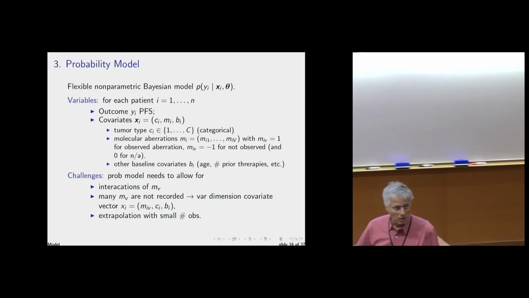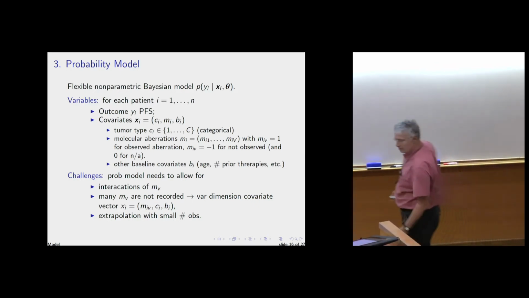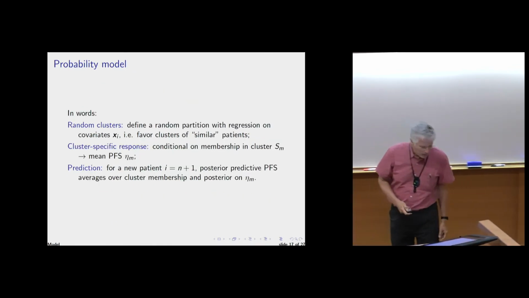You can talk about assigning the next patient to one of the earlier clusters on the basis of whatever covariates you happen to know for the next patient. If you don't know some covariates, you simply don't use them to make the judgment. So that's one of the reasons why we picked that particular model.